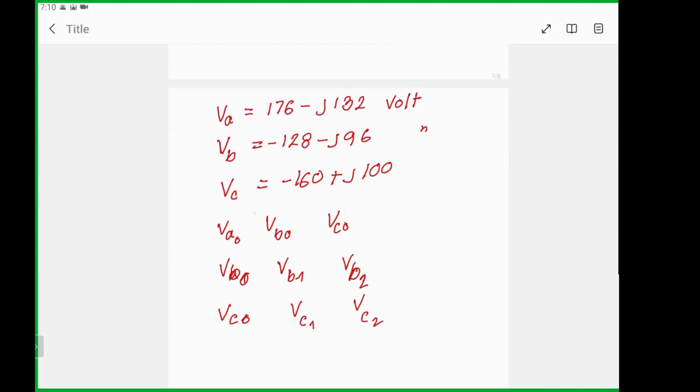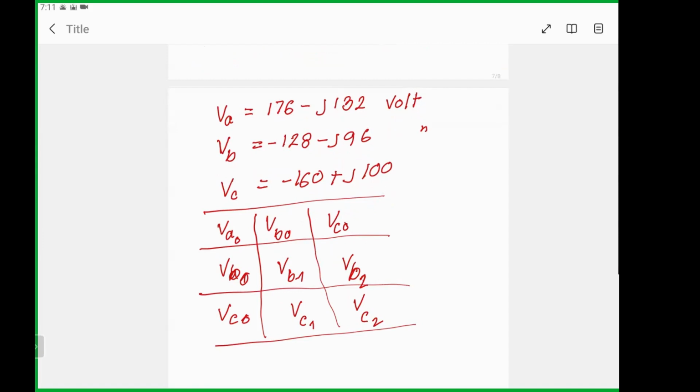So these are the components we need to find out. Do I need to find all these nine values? Can anybody tell? So this is related to zero sequence. This is the positive sequence. I have mixed up, so I will just make the correction. So this is zero sequence. Let us write it down in this way. Yeah. So I have mixed up all.